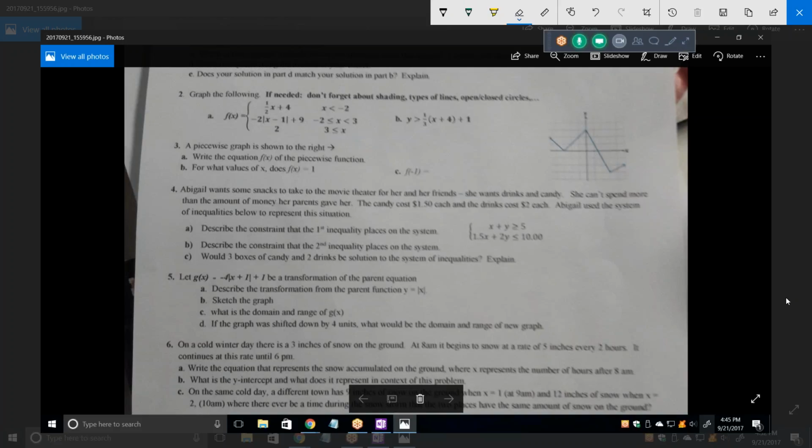For me to write the piecewise function, I'm going to start with that spot right there. On this graph, what should that say? What's this point right here? It's like -1, -2, -3. So x is 3 or -3?